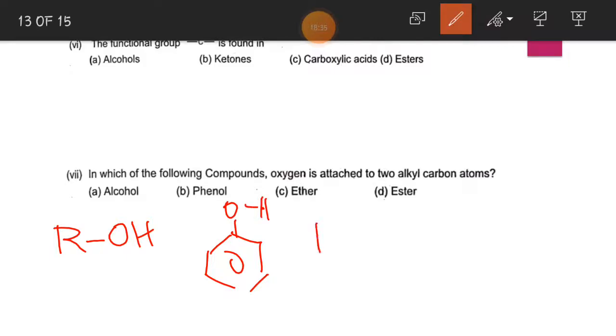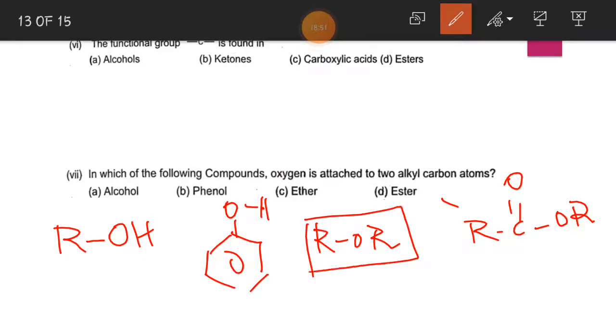For ethers, general representation is ROR. And for esters, the general representation is RC double bond OOR. Now if you look at the general representations for all these classes, you will quickly recognize that it is the ether in which the oxygen atom is attached to the two alkyl carbon atoms.